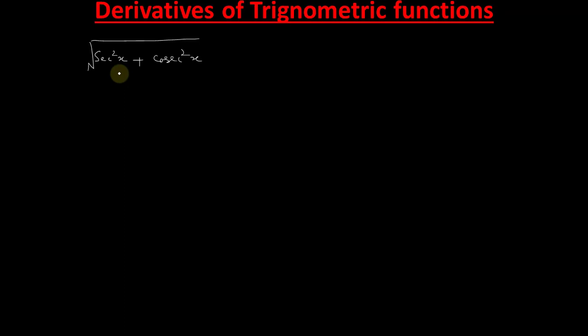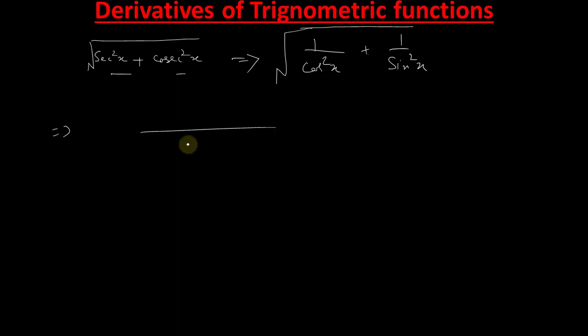Now for secant square x plus cosecant square x, it can be written, we will just simplify it, as 1 upon cos square x plus 1 by sin square x, because secant x is 1 by cos x and cosecant x is 1 by sin x. Now taking cos square x sin square x common, it is (sin square x plus cos square x) over cos square x sin square x, all under a square root.